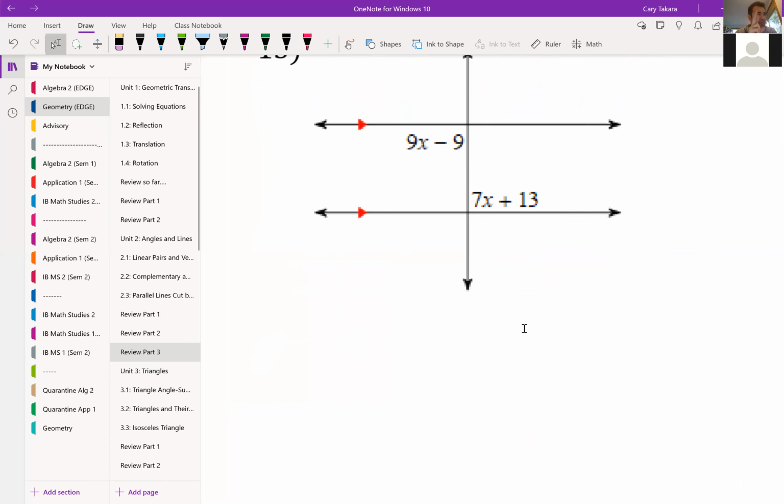I'll give you 2 minutes. What would you call this angle and this angle? I think we've done that already today. Very good, Saif. Now let's set up an equation and then solve it.